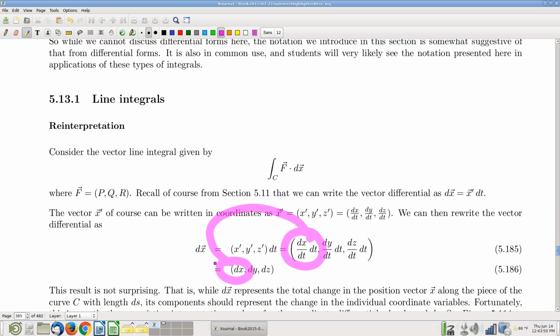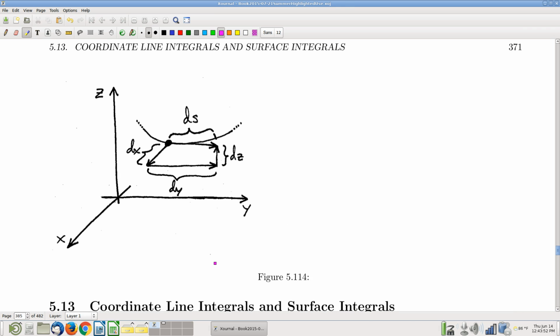Because we know what's going on here. We know what the picture is there. If we have a dx vector, if our curve is cruising along like this, then there's our dx vector. That represents displacement.